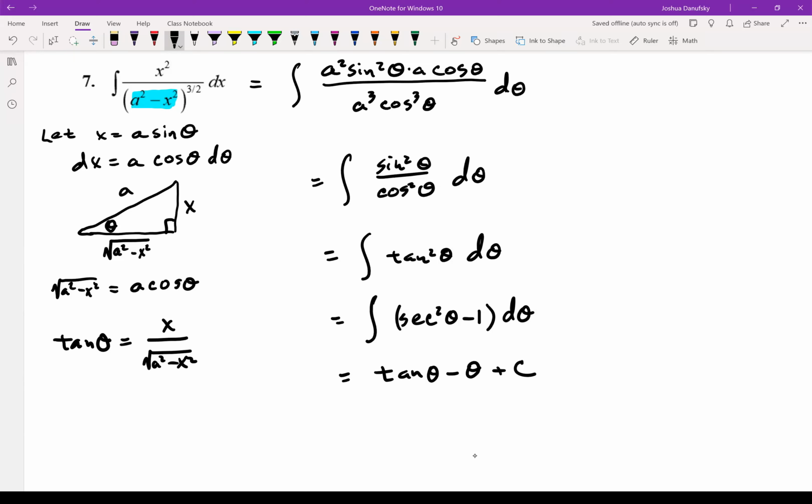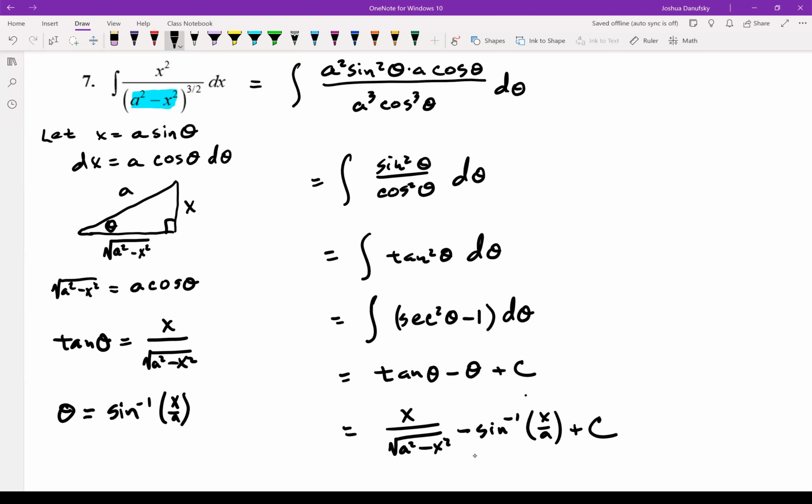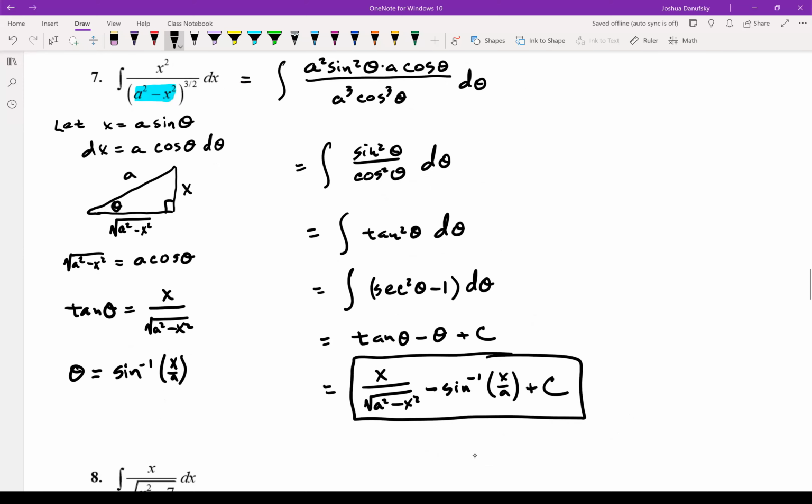And we need to replace theta in terms of x's. So we notice that sine theta is equal to x over a. That means that theta is equal to sine inverse of x over a. So we end up with this. Go ahead and do number 8.